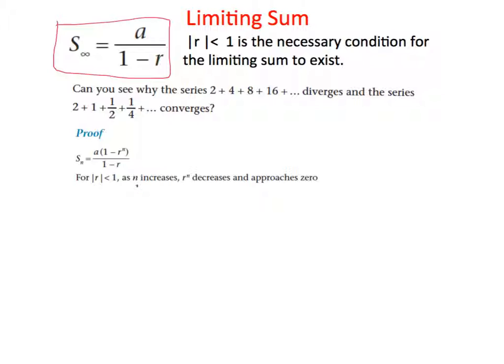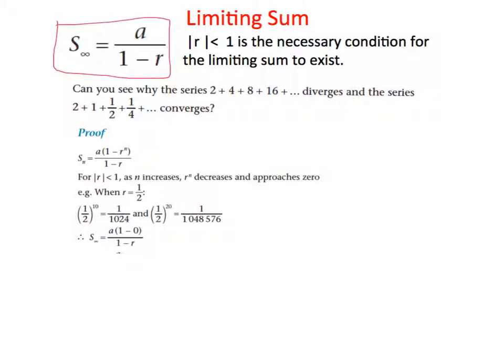So, for example, when r equals a half, half to the power of 10 is, say, 1 on 1024, or half to the power of 20 is 1 on 1,048,576. So that denominator is getting bigger and bigger, which means the whole fraction is getting smaller, approaching 0. So this only happens when the absolute value of the common ratio is less than 1.